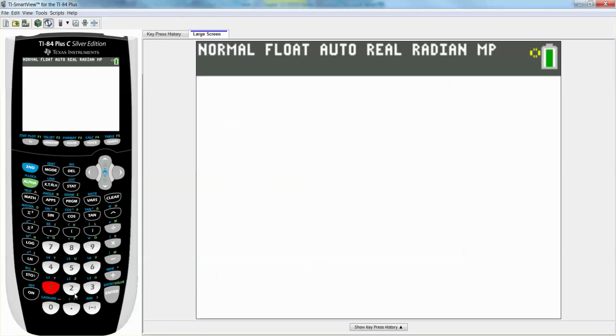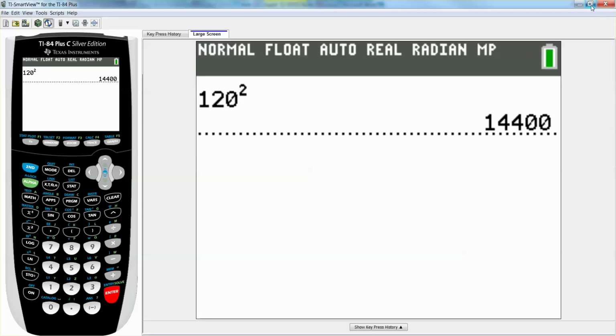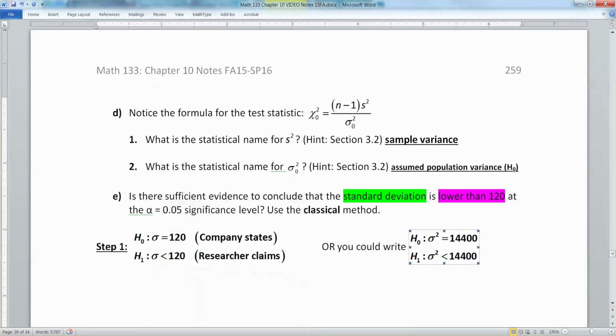So I get that from taking 120 and squaring it. And there we have it. So that's step 1.